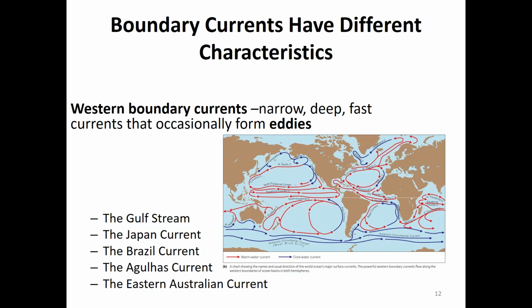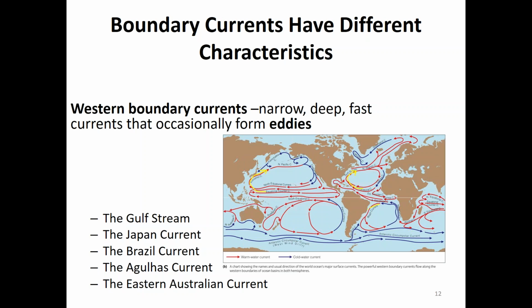And as you might guess, these are the currents along the western boundaries of gyres. So, for example, the Gulf Stream is the western boundary current of the North Atlantic Gyre. The Japan current is the western boundary current of the North Pacific Gyre.